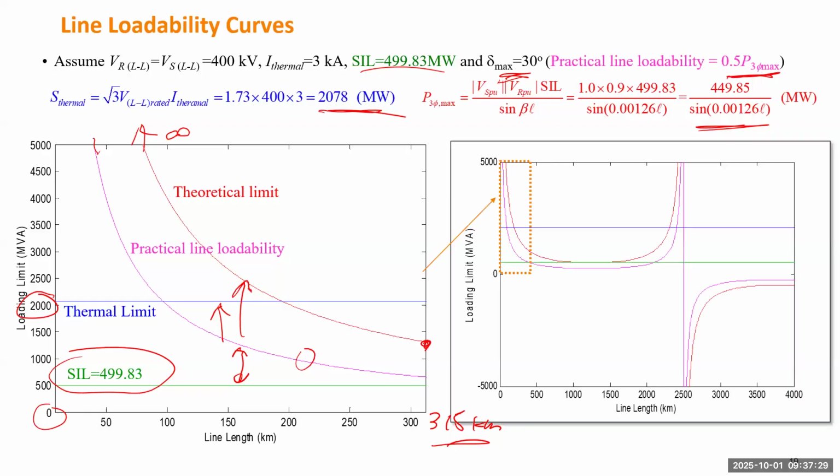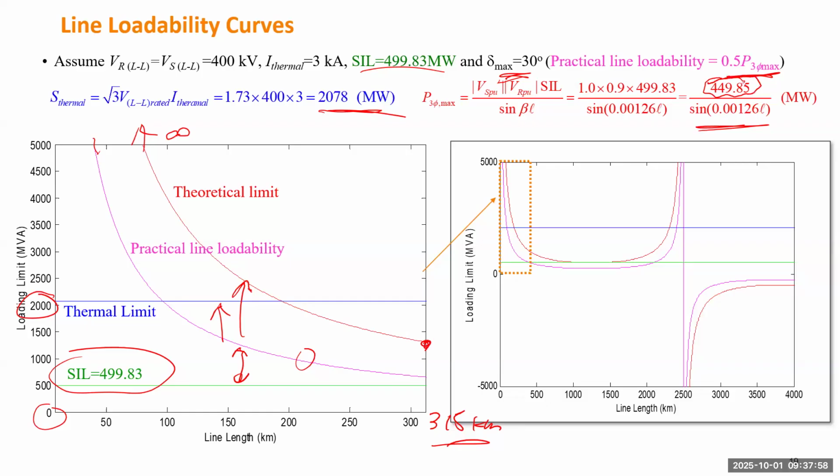If we continue drawing those curves until, for instance, 5,000 kilometers, which is actually the wavelength of the line for a 60 Hz system, eventually you'll see the theoretical limit and practical limit keep decreasing. Eventually, both curves can be under the surge impedance load.